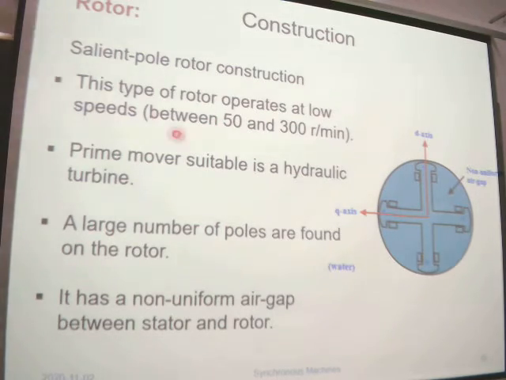But for the salient pole, the speed is very low, because it is mainly used in hydroelectric power. We know the speed of the water is slow, so the speed of the generator for hydroelectric is slow.